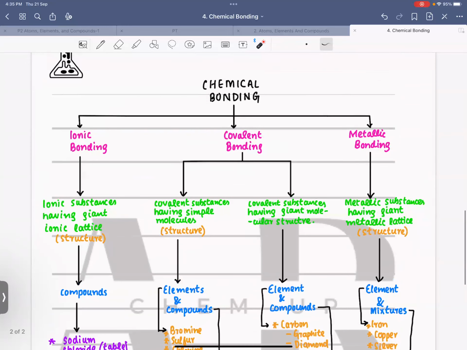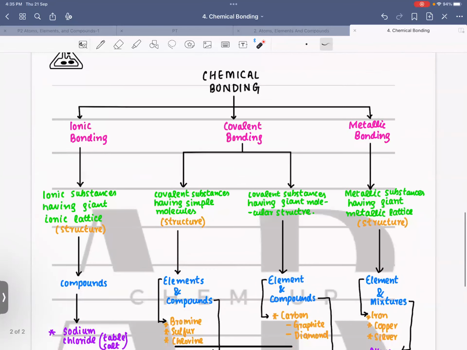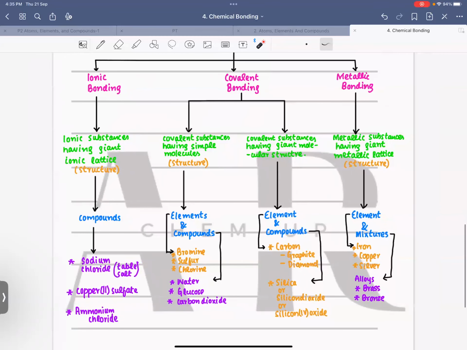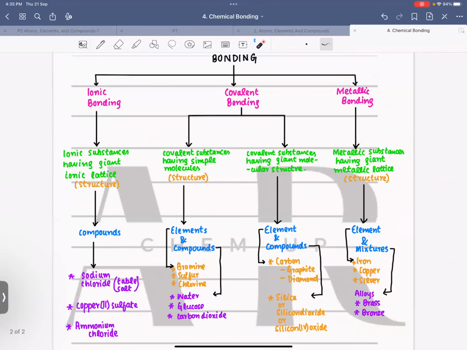Have you guys noted down this thing, the first thing, chemical bonding? Yes? Have you guys noted down this? No, sir. Is this readable? Yes.